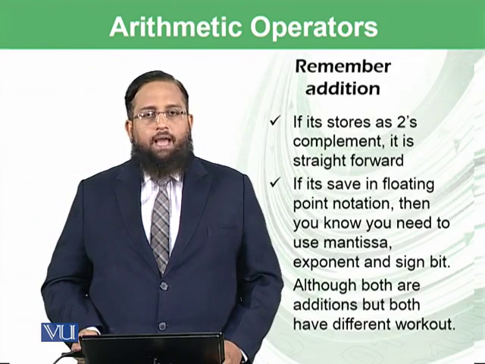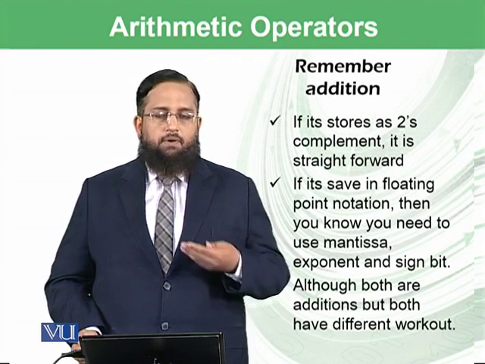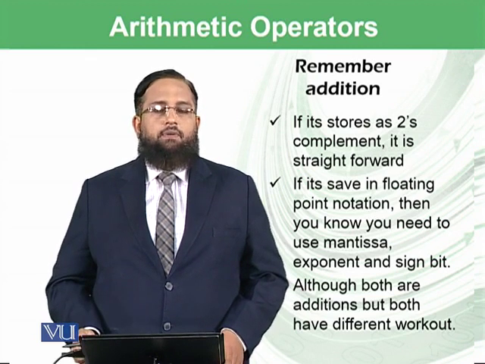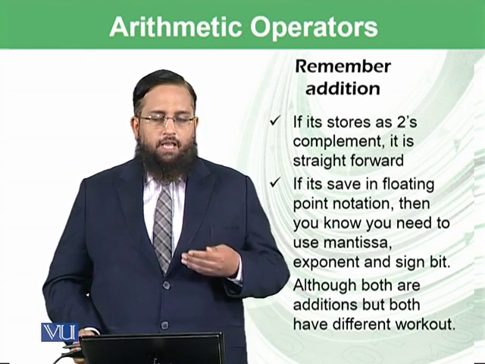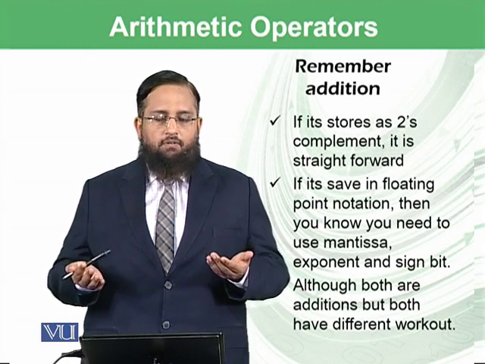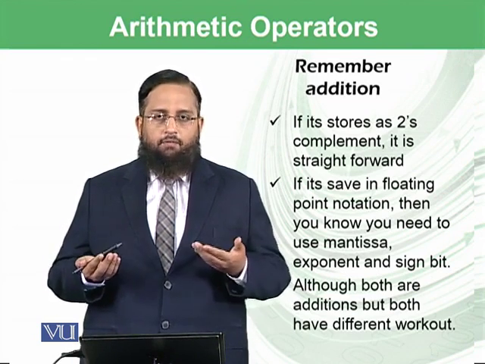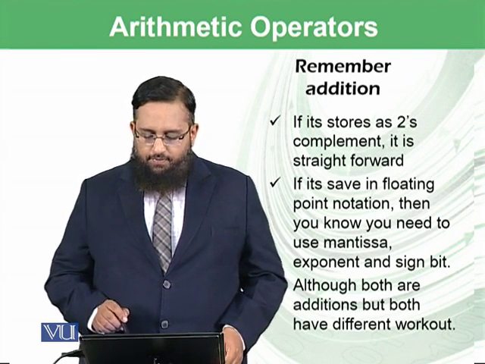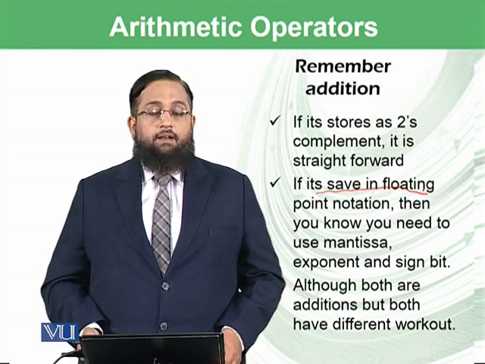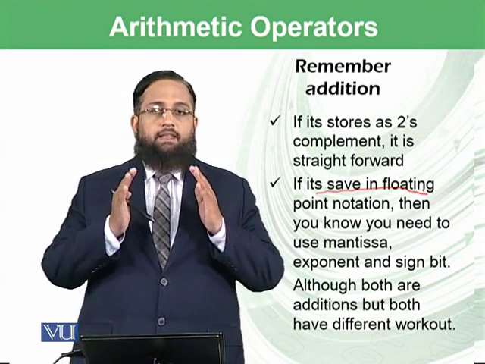However, whether we are performing addition, subtraction, multiplication or division, you must remember how the number has been stored. If the number has been stored using 2's complement notation, then it is very straightforward: fetch the value and subtract it, add it or multiply it, whatever. However, if it has been saved in floating point notation, then you must remember that in floating point there is a sign bit, a mantissa field and an exponent field.